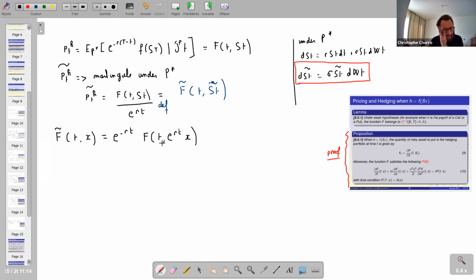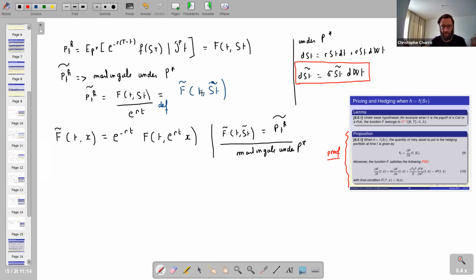I define this mapping, and in this way F tilde of T, S_T tilde is equal to P_T H tilde, which is a martingale under P star.